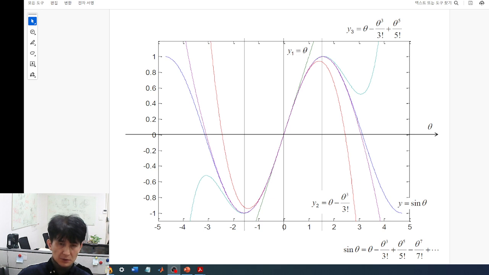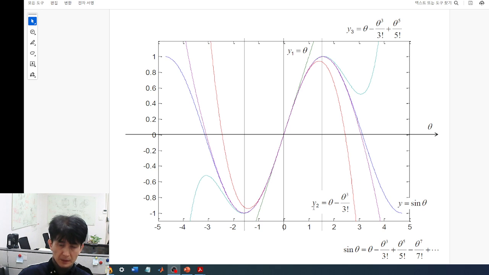y1 is the first part of the Taylor expansion, which is theta, and y3 is this curve here, which includes three components: theta minus theta cubed over 3 factorial plus theta to the 5th power over 5 factorial and so on.